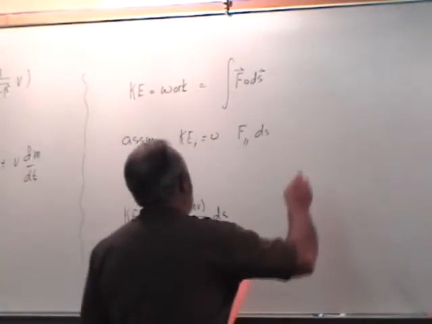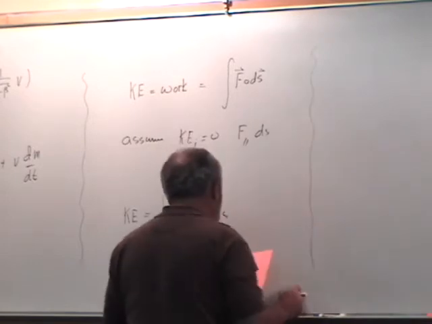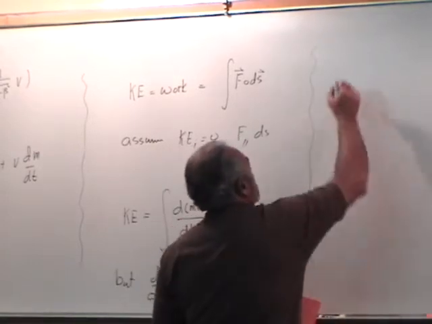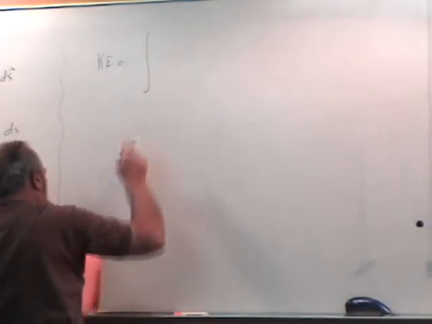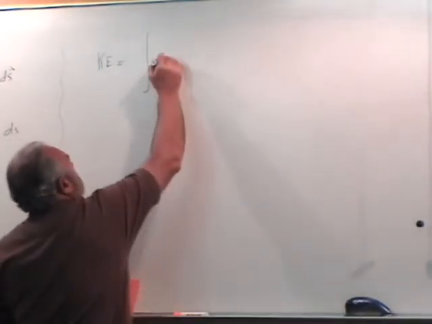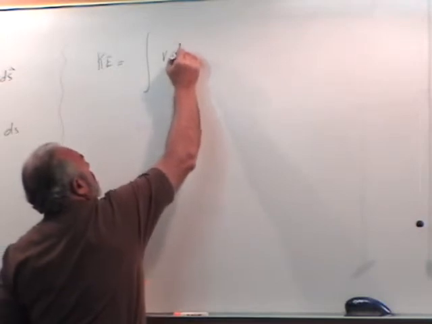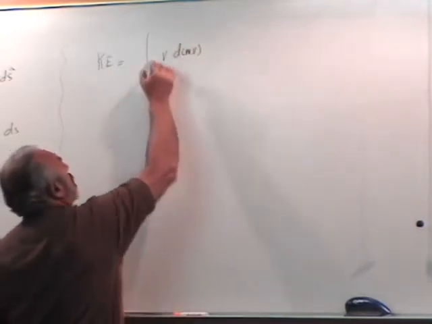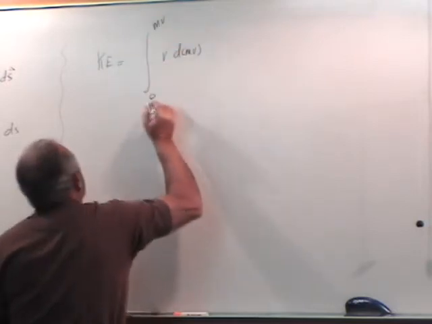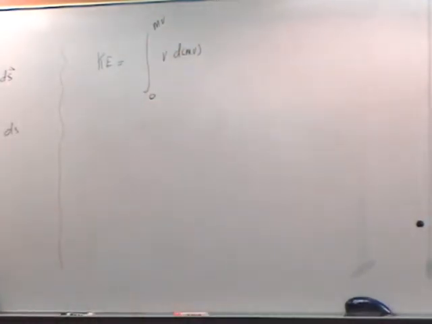So what we have now is that the kinetic energy is equal to the integral of v d(mv), of course, from 0 to mv. Because remember, we assumed we started with 0 kinetic energy, so mv initial will be 0 and mv final will be mv.